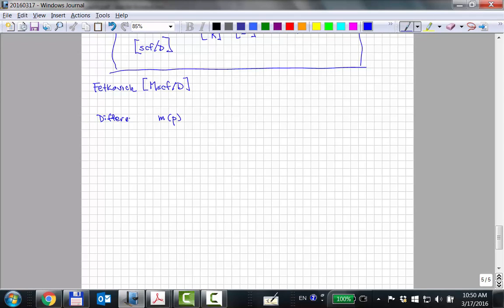It's kind of unfortunate because nobody else uses this definition. There's nothing wrong with it, but you get rid of the TSC and the PSC, basically. But he uses a different definition, so I'll call it Fetkovich.